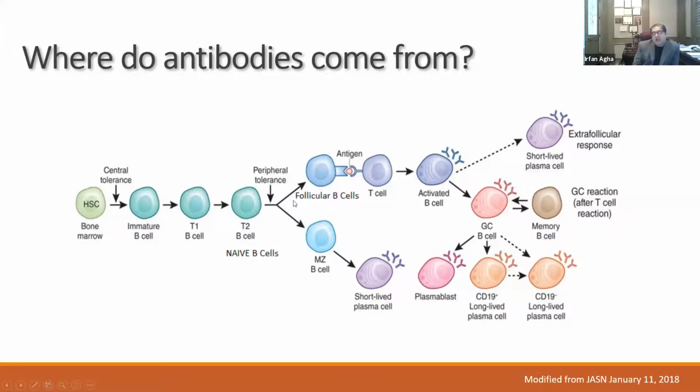If they see cognate antigen in the context of an antigen-presenting cell, then they can undergo two different fates. They can have what is known as a marginal zone reaction, where they proliferate, generate short-lived plasma cells, and give out a burst of antibody. These cells actually die in about 2 or 3 weeks, so they don't live long.